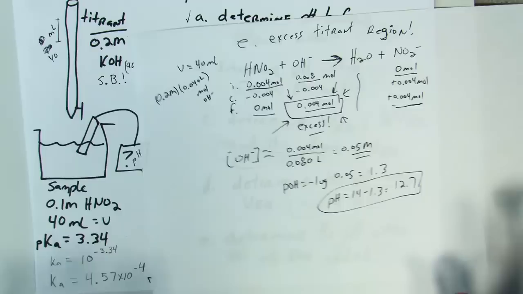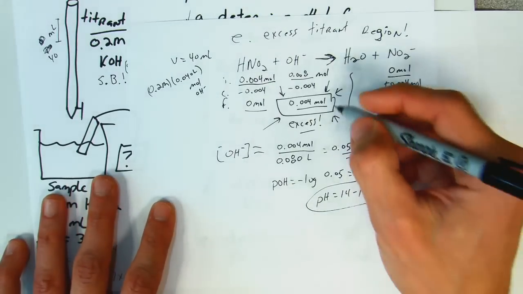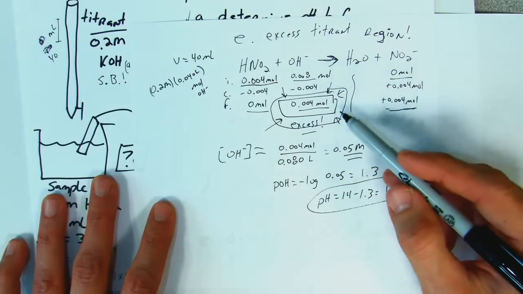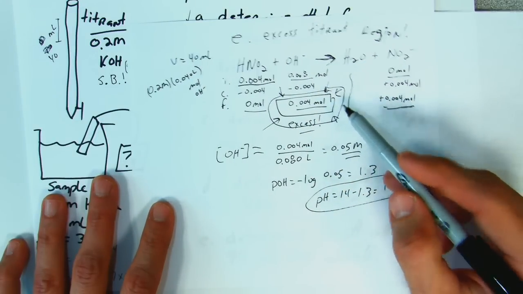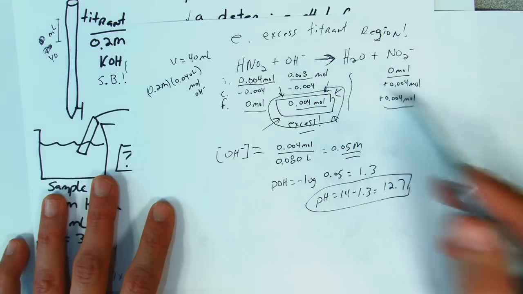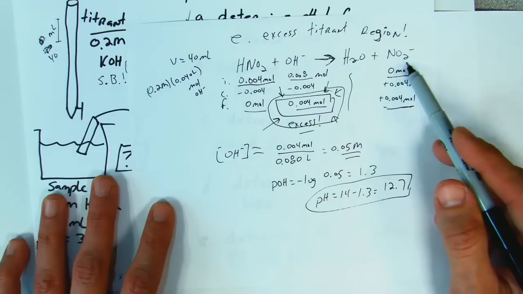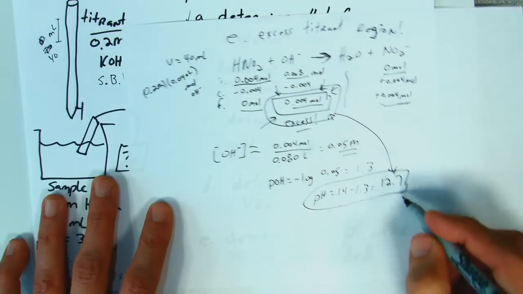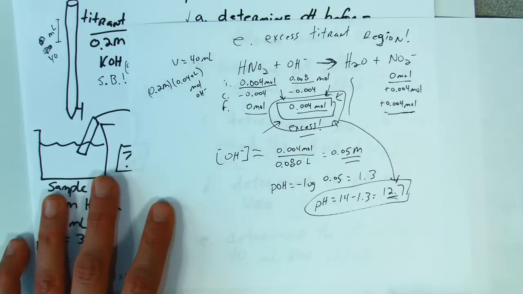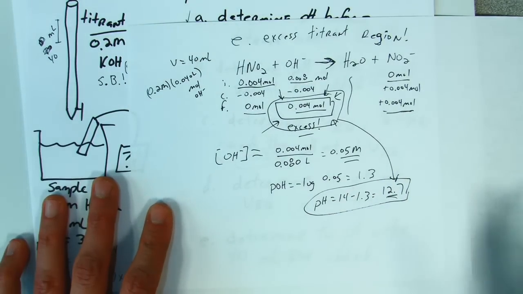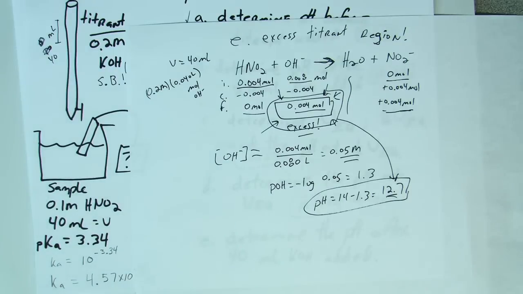So, to be honest with you, in the first approximation, if you're working in the excess titrant regime for your titration curve, the amount of excess moles of OH that you get from just over-titrating is almost always much greater than any that you make through the hydrolysis reaction of this stuff. So this answer would be a really good approximation of reality, and that's really all that we need to do for this point in the excess titrant region. So I'd say the pH is right around 12.7. That's what I'd expect for this particular point.